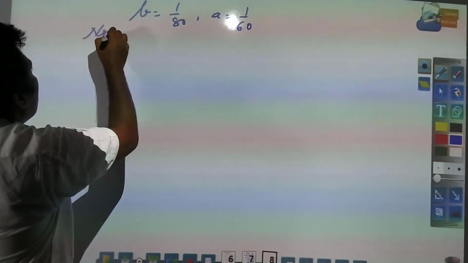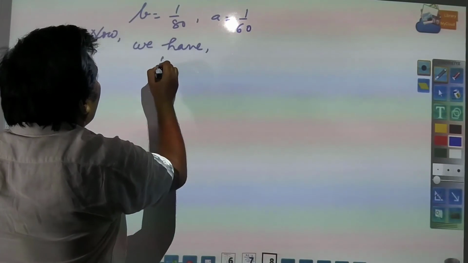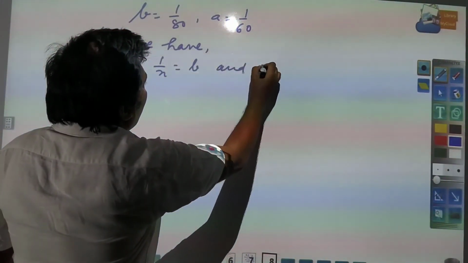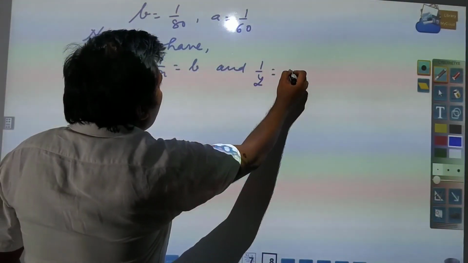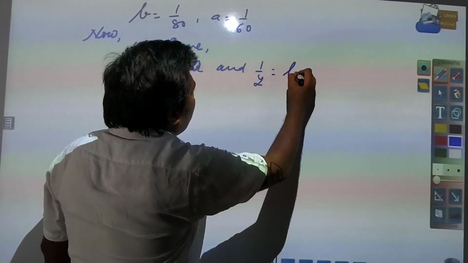Now we had assumed 1 by x is equal to a and 1 by y is equal to b.